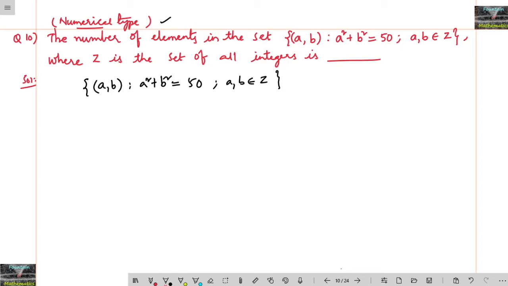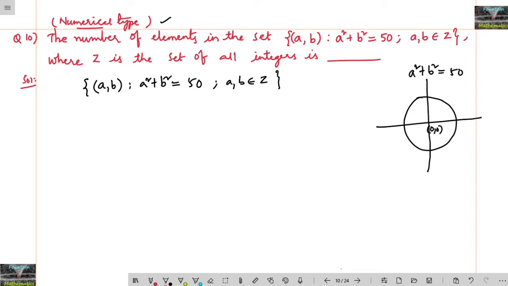In our previous video we discussed a similar question, x square plus y square is less than or equal to 4, and here a square plus b square is equal to 50. Geometrically it represents a circle with center origin and radius root 50.